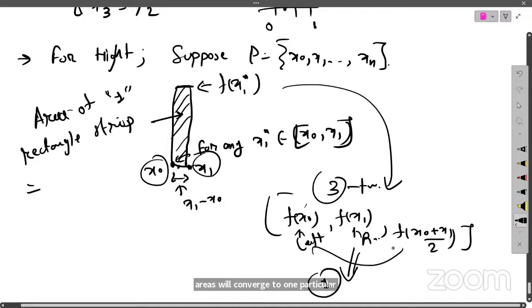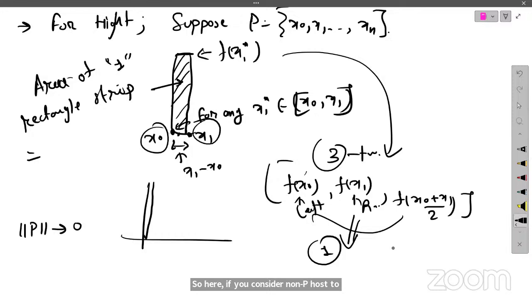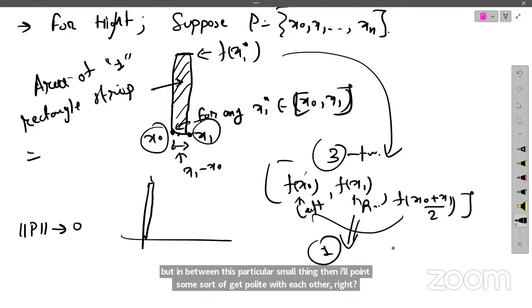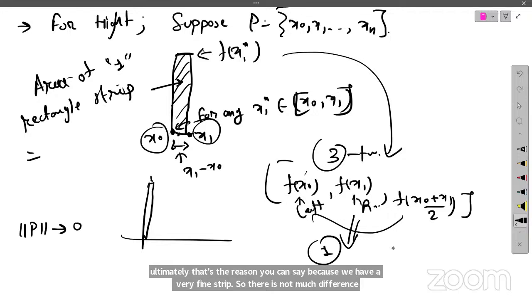The reason we can take any point is that if you consider a very small, fine rectangle, with norm P going to 0, then whichever point you choose in between, all the points more or less collide with each other. Because we have a very fine strip, there is not much difference if you choose any point in between these two endpoints.